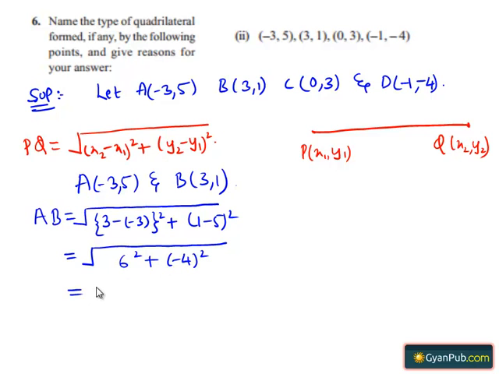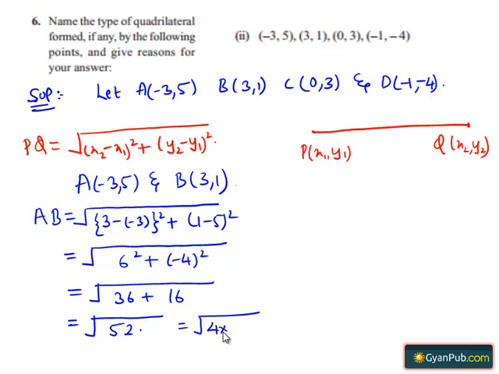That is equal to under root of 6 square is 36 plus (-4) square is 16, which is equal to under root of 36 plus 16 is 52. We can write 52 as 4 times 13, which is 2 root 13.